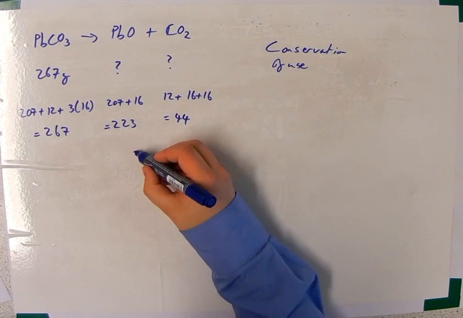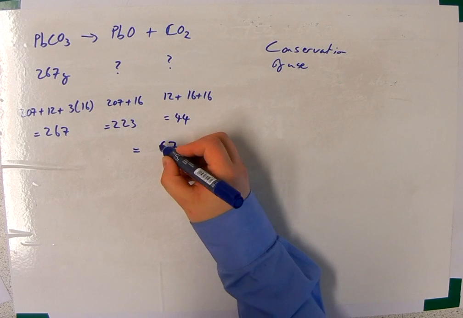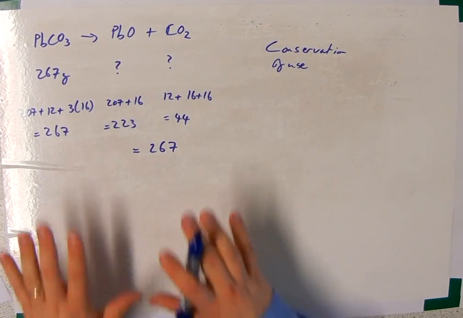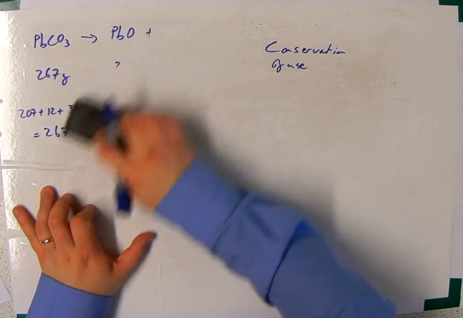As a quick check, that's going to be 267. So conservation of mass lets us work that out. Simple ratios will be what you're asked.